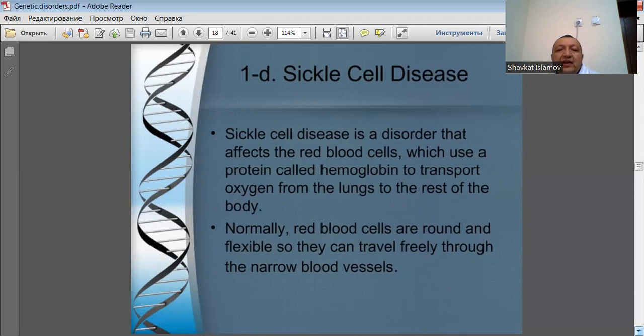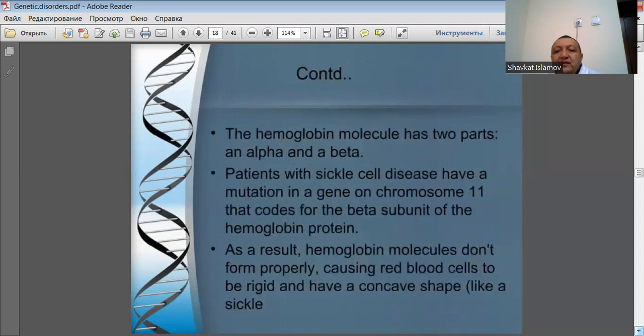Normally, red blood cells are round and flexible so they can travel freely through the narrow blood vessels. The hemoglobin molecule has two parts, an alpha and a beta. People with sickle cell disease have a mutation in a gene on chromosome 11 that codes for the beta subunit of the hemoglobin protein.